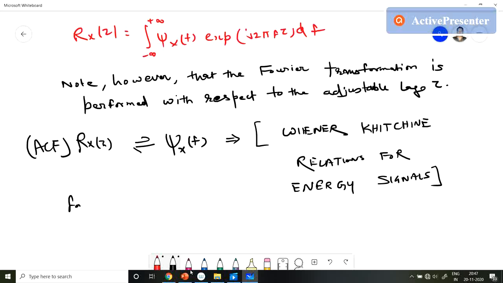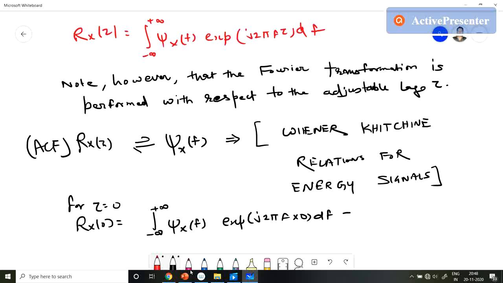So for tau equal to 0, we have Rx(0), that is equal to the integral from minus infinity to plus infinity of psi x(f) exponential j 2 pi f into 0 df, that is equal to the integral of psi x(f) df.